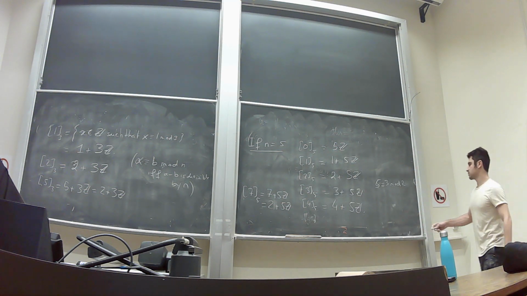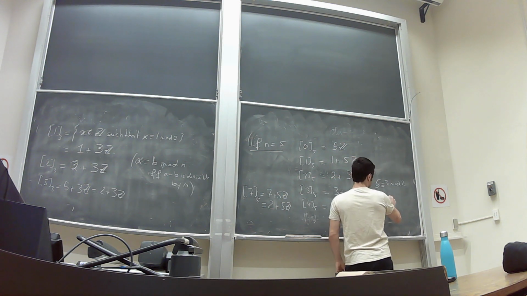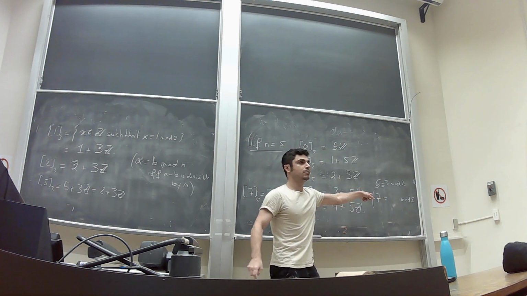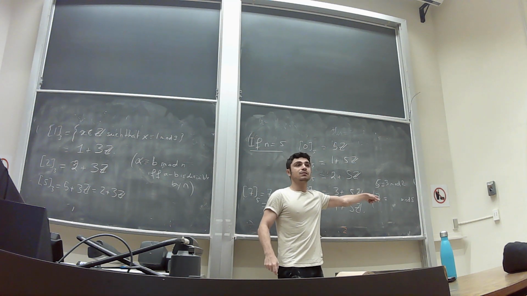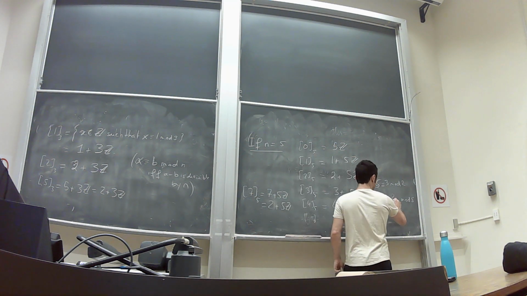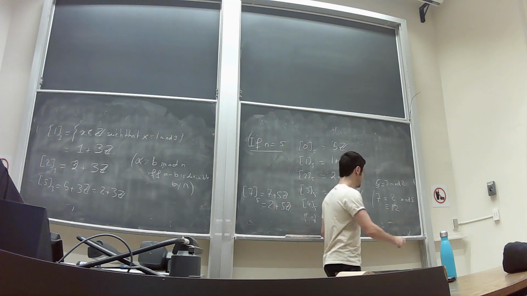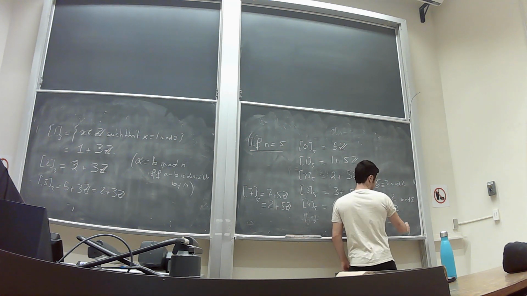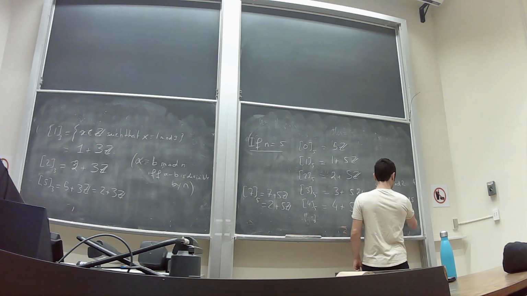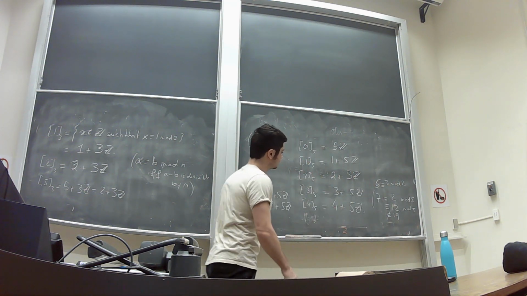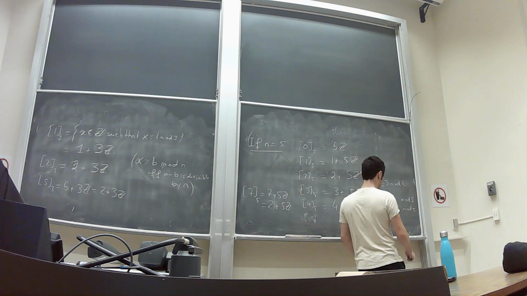So let's try a small example. 7 is congruent to blank mod 5. Can you put a number here? 2. Very good. Can I put 12? Yes. Can I put 19? It's not congruent.